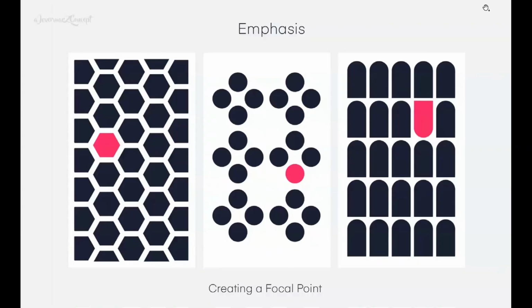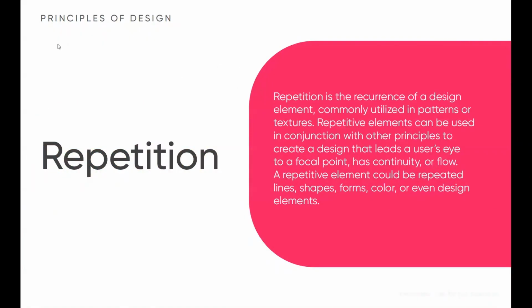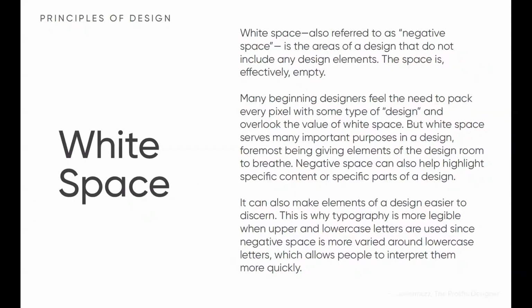Now, one of my favorite principles is white space. I'm sure you're wondering, everywhere is white. That's an irony because white space is actually not just white. White space can be black, white space can be blue, white space can be any color.